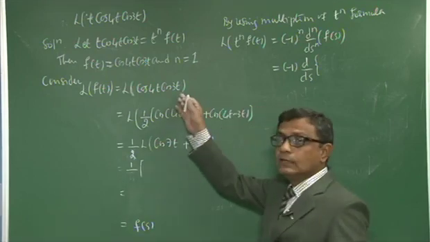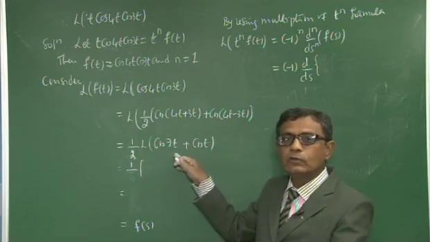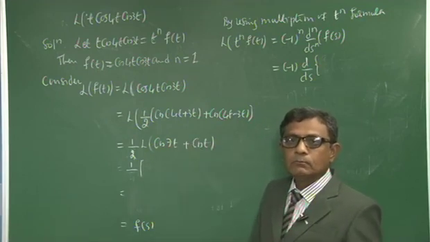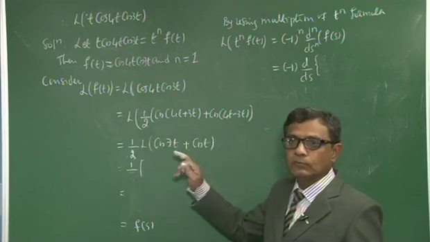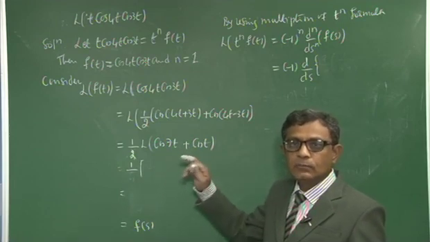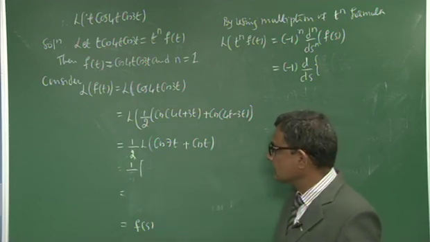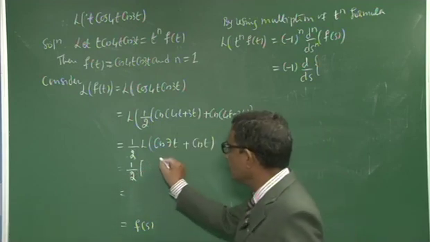Now the given function reduces to the standard form. Now you can apply the basic formula, L of cos at formula. What is L of cos at? S divided by s square plus a square. It is 1 by 2, you have to remember the formula.